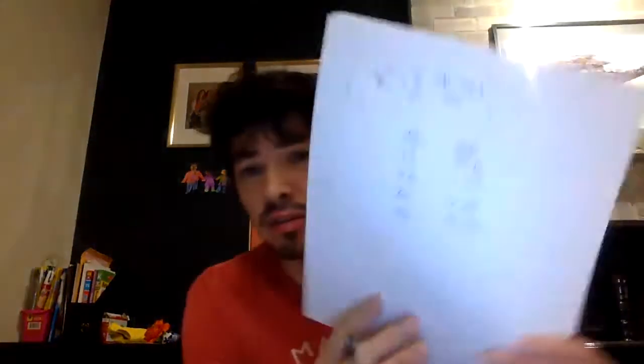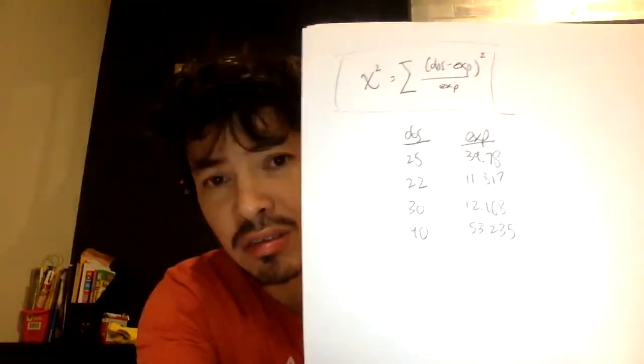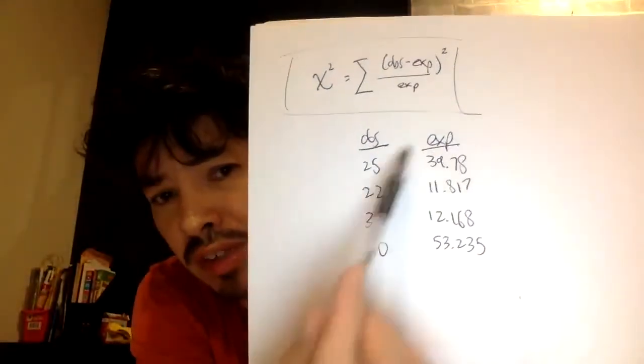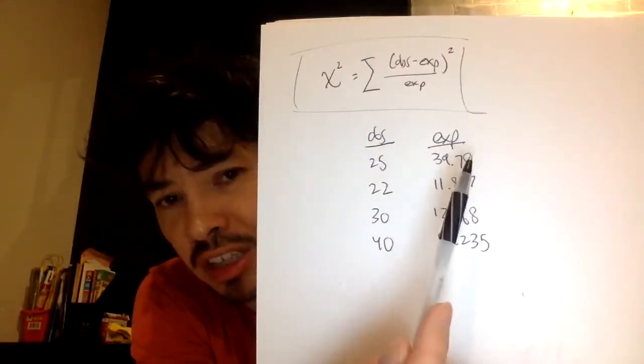All right, so those are my expected values, and those are what I've observed for habitats 1, 2, 3, 4. Let me quickly double check that I didn't copy those down wrong. Okay, those values look good: 39.78, 11.817, 12.168, 53.235.